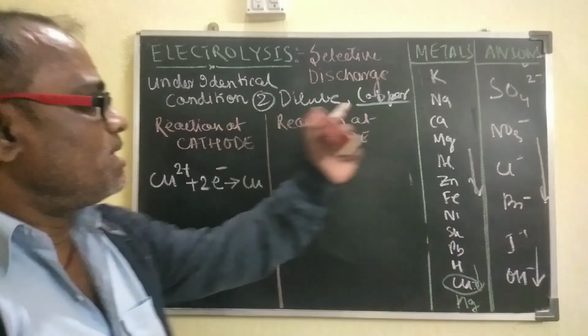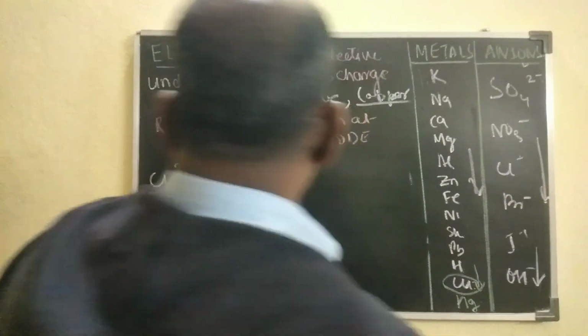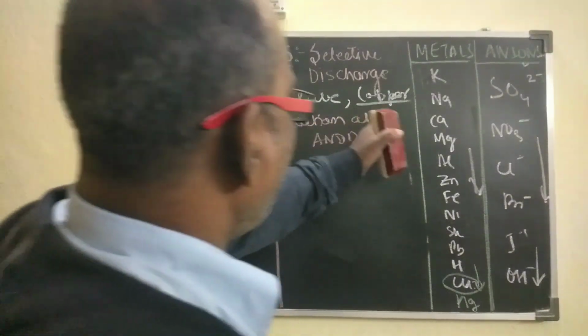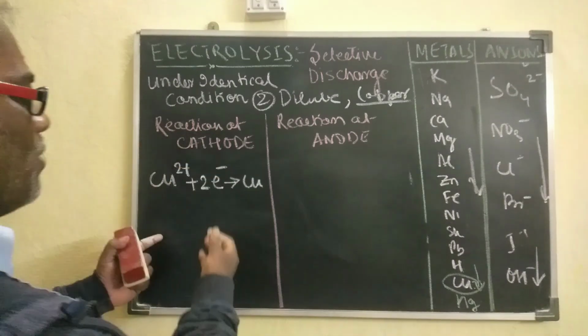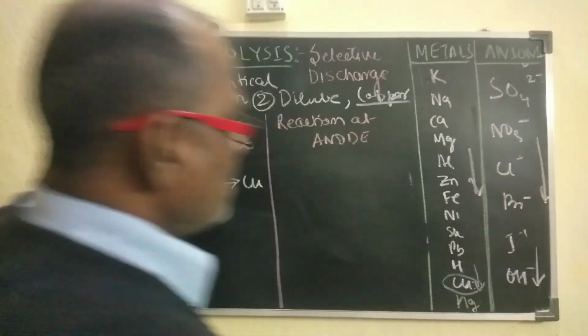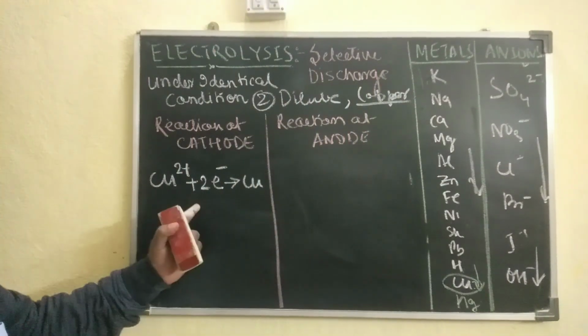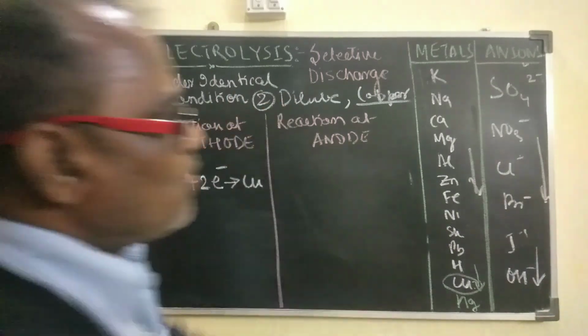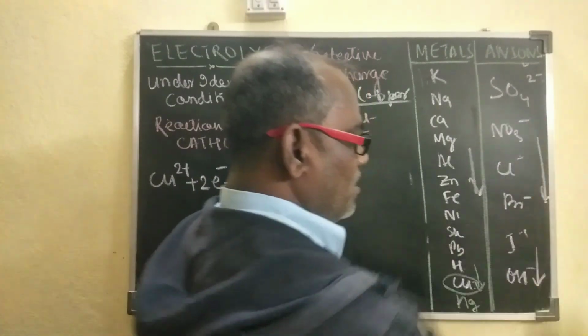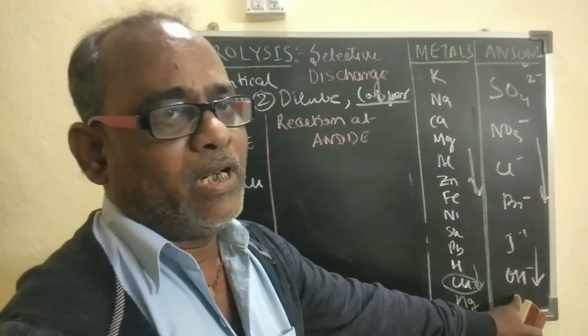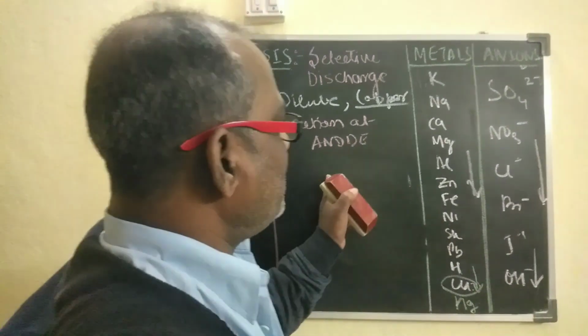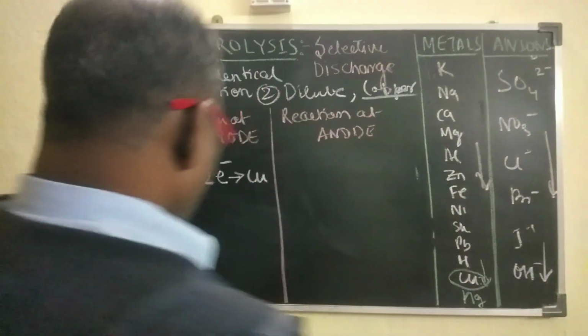When the electrode is active, the copper ions will migrate towards the cathode as well. That remains the same, but at the anode neither sulfate nor OH will get discharged, only the copper electrode itself will be discharged.